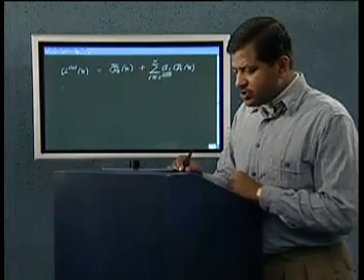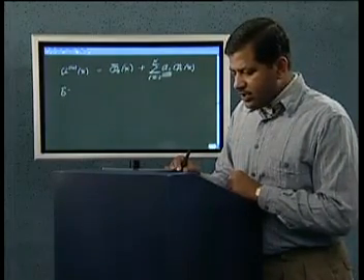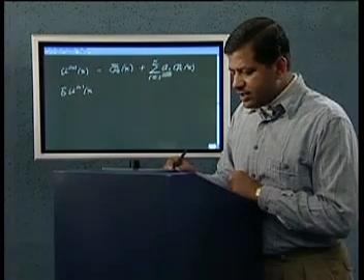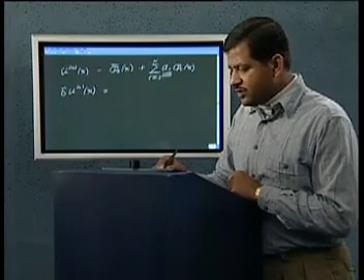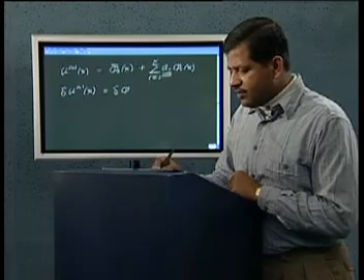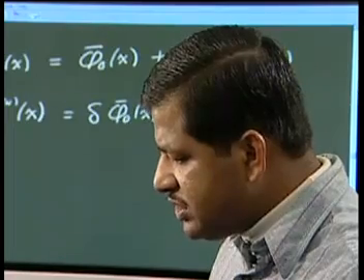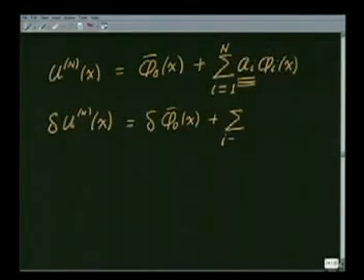The only thing that you should observe is that the variation of un of x will be equal to the variation of phi 0 of x plus summation i equal to 1 to n of the variation of ai phi i of x.